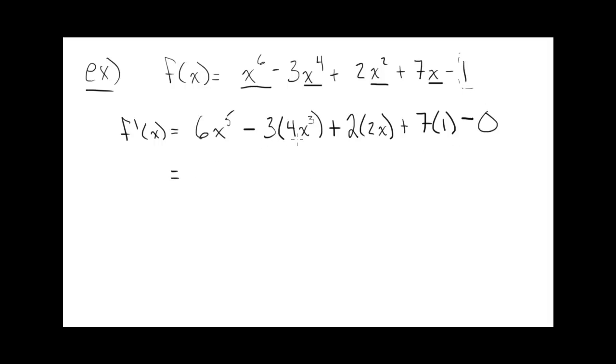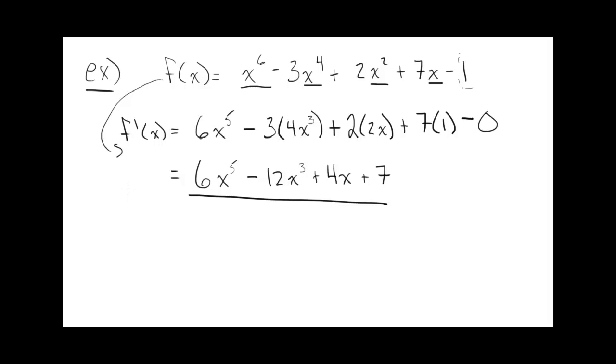Now just multiply these numbers. So 6x to the 5 minus 12x cubed plus 4x plus 7. Hopefully you can see that this rule will now apply to any polynomial, and that's greatly going to simplify our practice of taking derivatives.